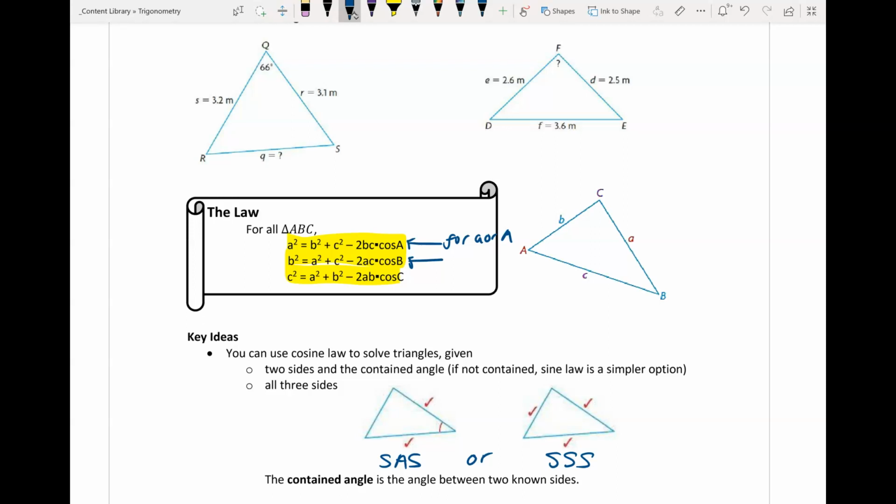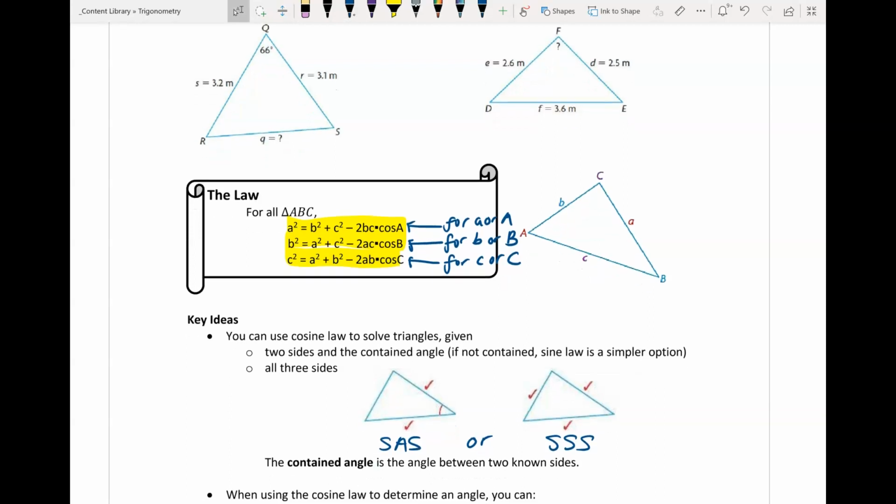You're going to use this one if you're looking for side B or angle B, and this one for side C or angle C. And of course, it doesn't have to be A, B, C as the actual variables. It could be X, Y, Z. It could be R, S, T. It really depends on the question.